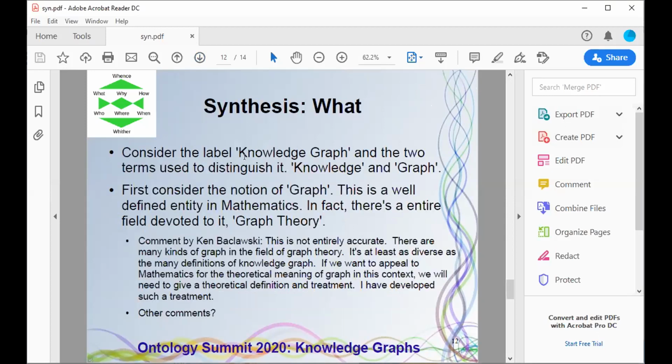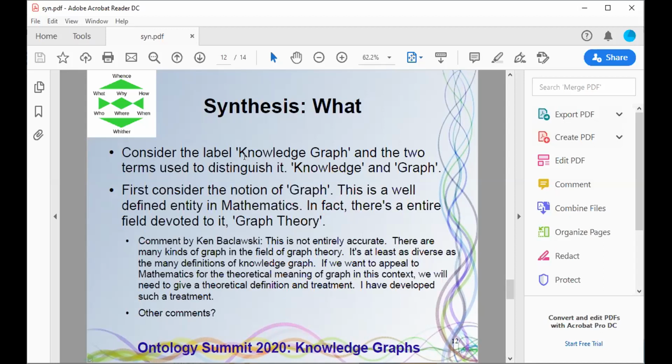so another way to look at it is to look at knowledge and graph and see how putting those two together would give us a definition. So first, look at graph, of course, that's looking at it theoretically. There is an entire field devoted to it, but having been a mathematician myself and worked in the field of graph theory, I can tell you that it's not entirely accurate to say that it's a well-defined notion.